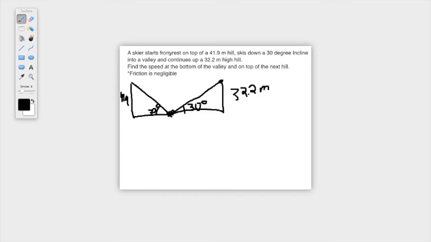So the skier starts from rest. So we have initial gravitational potential energy of mgh, and we'll call it h1 because there's two heights. So h1 will be 41.9.